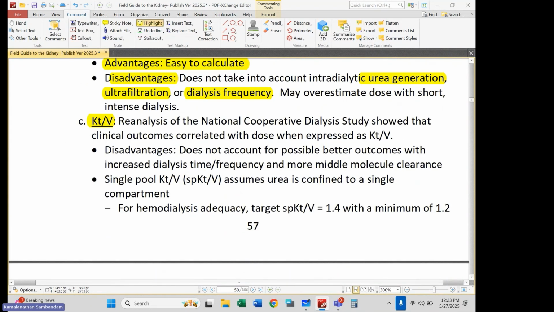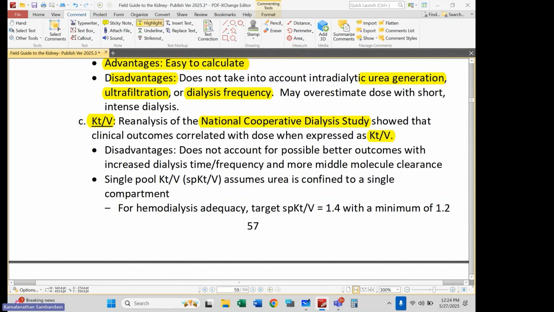Okay, so let's first talk about KT over V. Again, this emerged from this seminal study, the National Cooperative Dialysis Study, and they showed that KT over V was superior to simply post or pre-dialysis urea concentrations as a measure of dialysis dose.